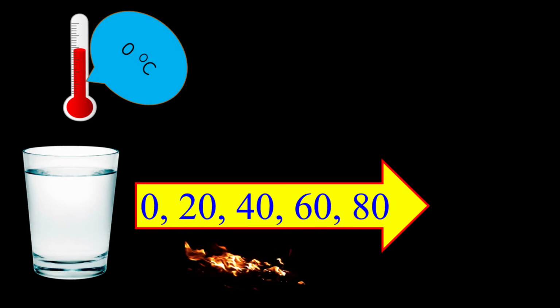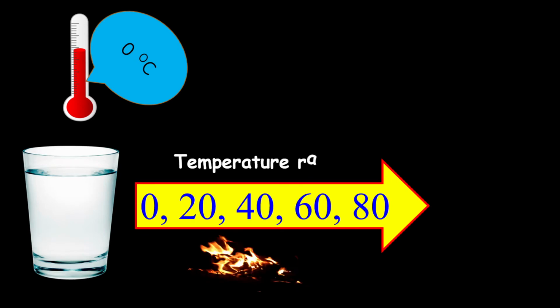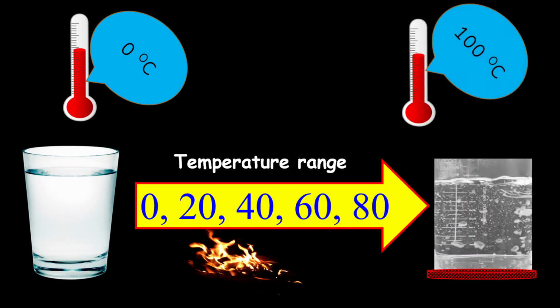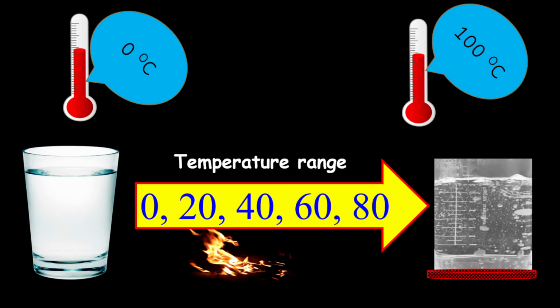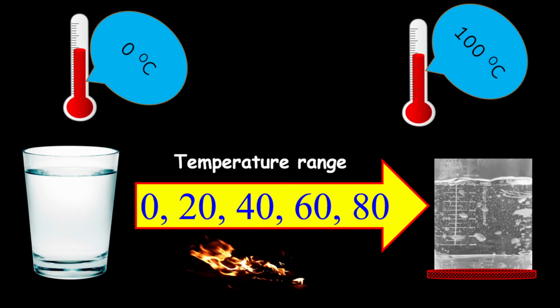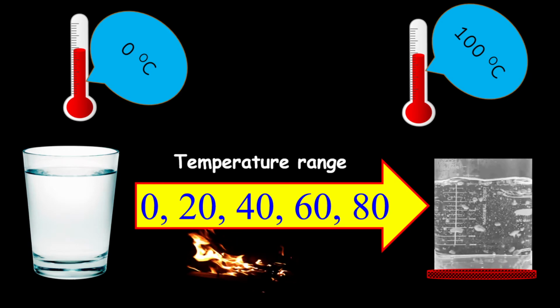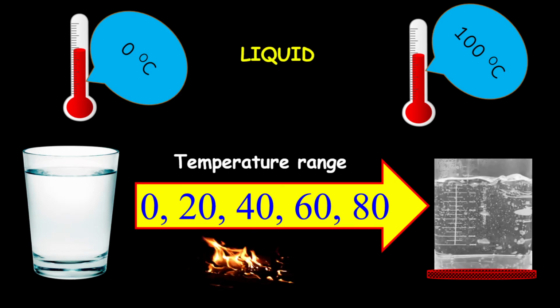So what we'll notice is that the temperature will get heated over a range. Now, what is interesting is that when it reaches 100 degrees Celsius, the water starts to boil. What is the conclusion here? Notice we have a change of what? Temperature, but the phase is not changing. So here we still have a liquid.